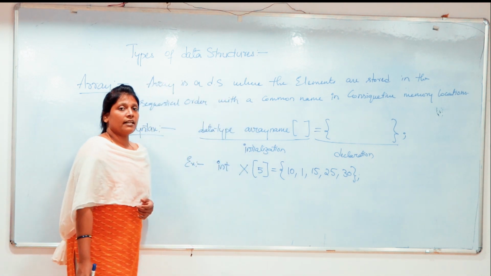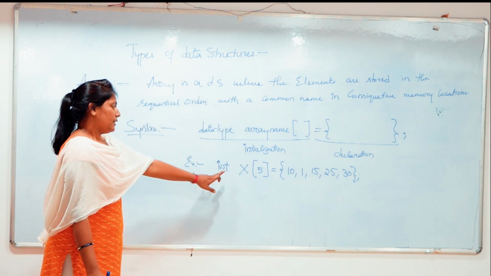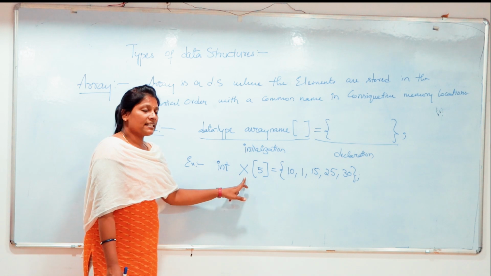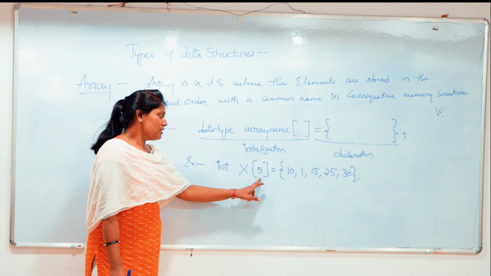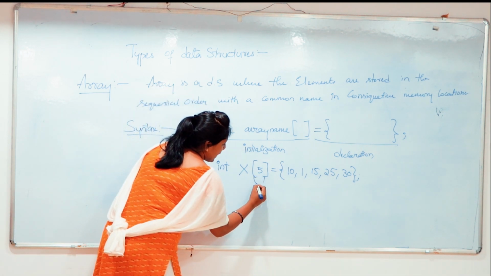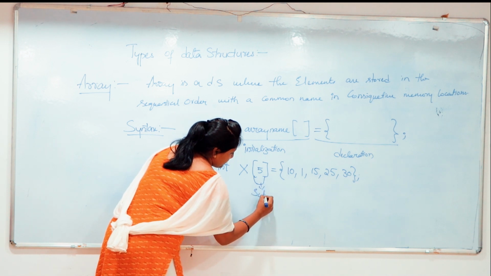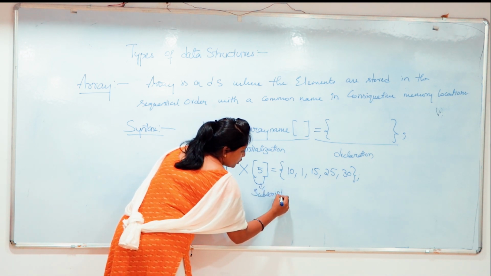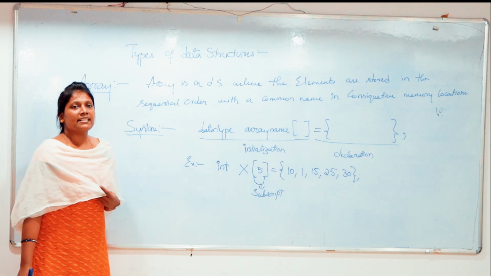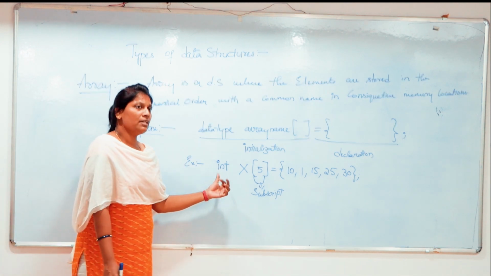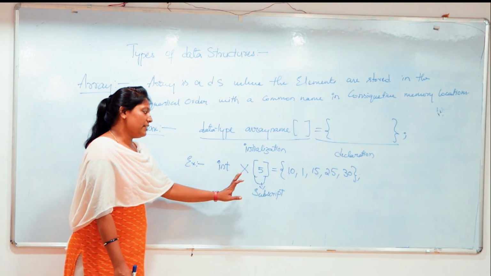These are all the elements that will be stored in the array. Here x is the array name, and these square brackets are known as a subscript. Using this subscript, we can identify this is an array.